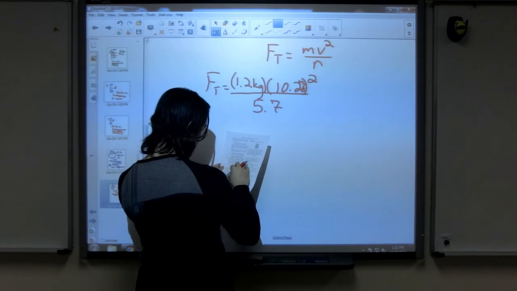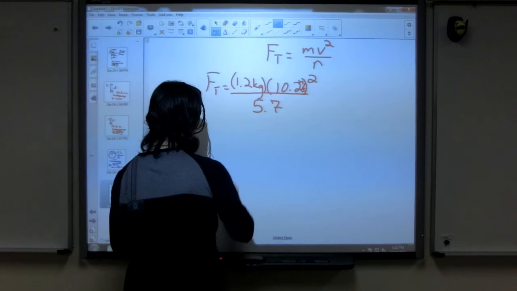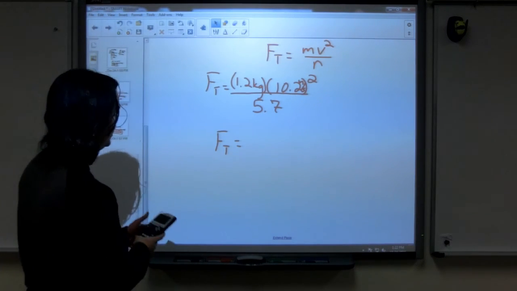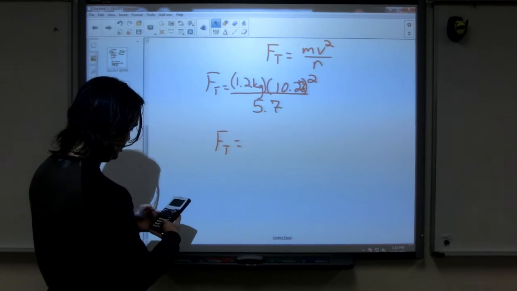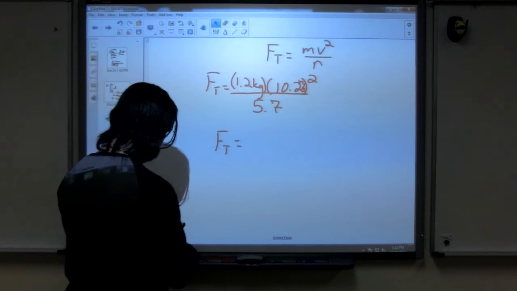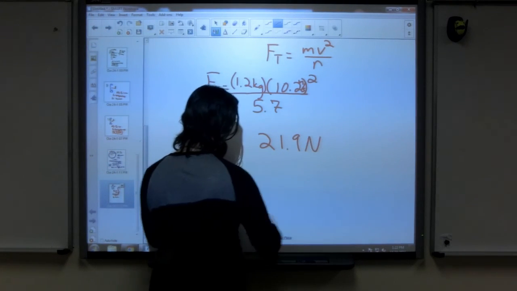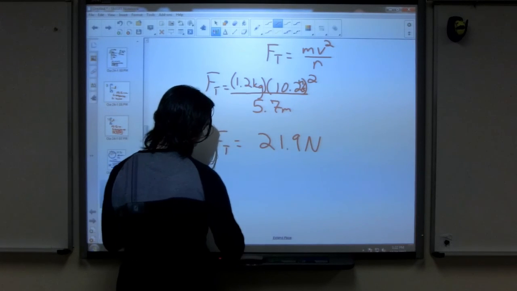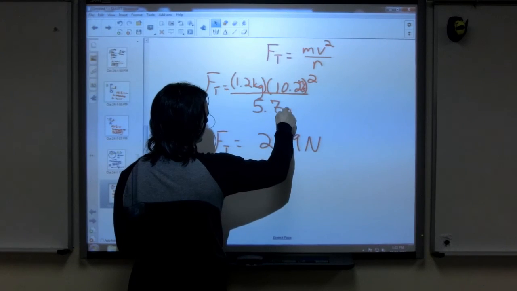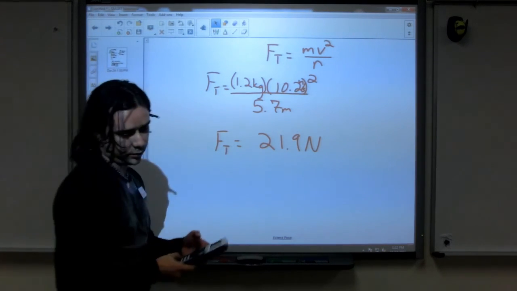Is that right? 5.7 meters. Good. I plug these into my calculator, and I find that the tension required to pull this thing in a circle, 10.2 squared times 1.2 kilograms divided by 5.7 equals 21.9, should be newtons. I'm going to add meters squared per second squared. One of those meters cancels out, so I'm left with meters per second squared times kilograms. It is in fact newtons.